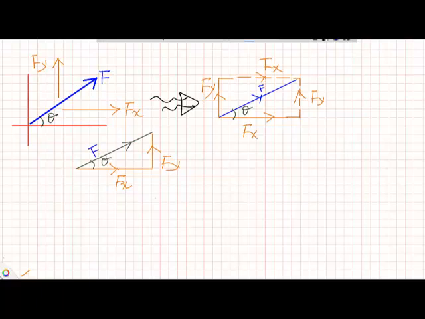So now to analyze this, to be able to calculate the value of the x component, which is Fx, and the y component, which is Fy, we'll start to explore the sine and cosine.